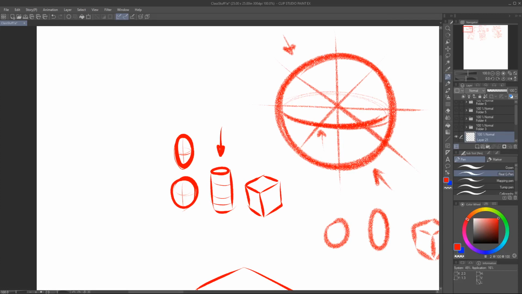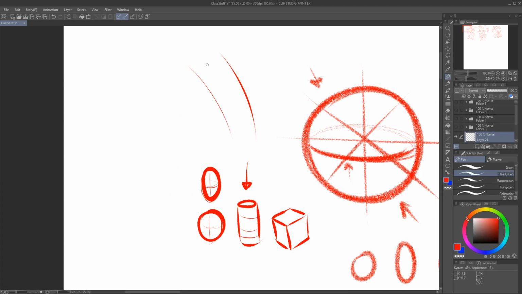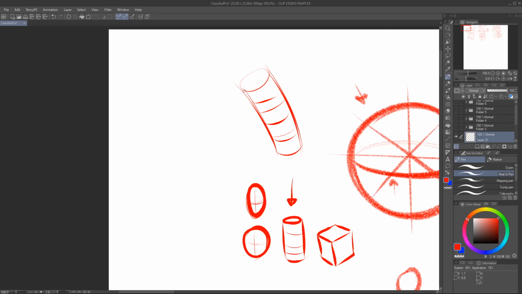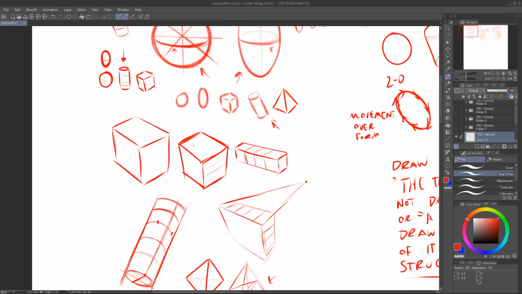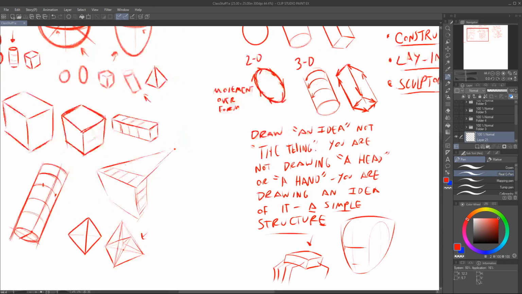Primarily one of the biggest things you'll be using the most though is the tubes of the cylinders, like so. Like that could be a bicep or a forearm or something. Anyway, getting back to my notes.